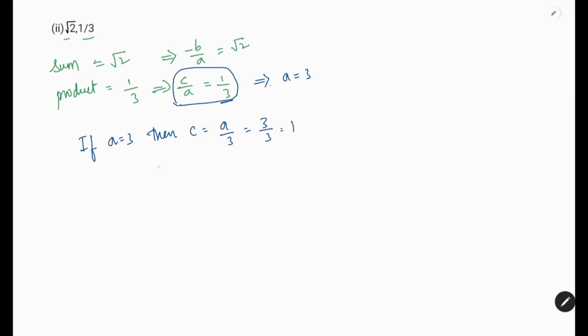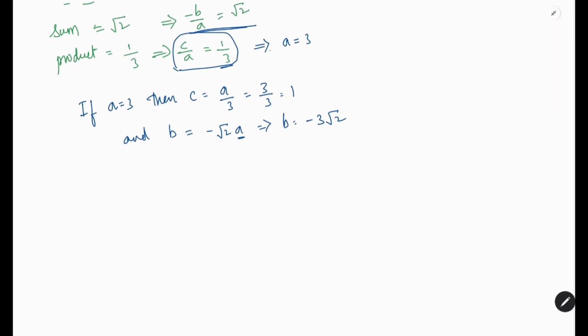C equal to 1, and from this, b equal to minus root 2 a. So b equal to minus 3 root 2, where a is 3.